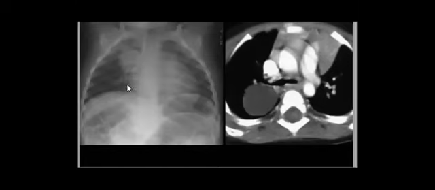So do you agree that it is going more to be pulmonary or going more to be mediastinum? So if you mention that it is mediastinum, try to figure out the angle with the mediastinum border.